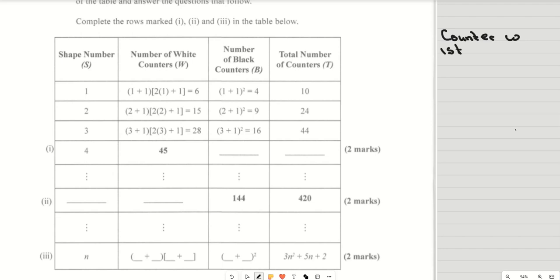Right? The first terms is 1, 2, 3, and you compare it with the shape number. So you know your first term here is your shape number, or your term n is also equal to n, right?